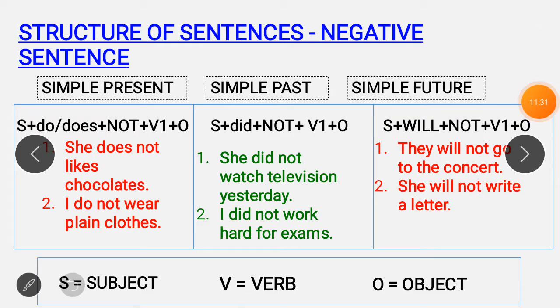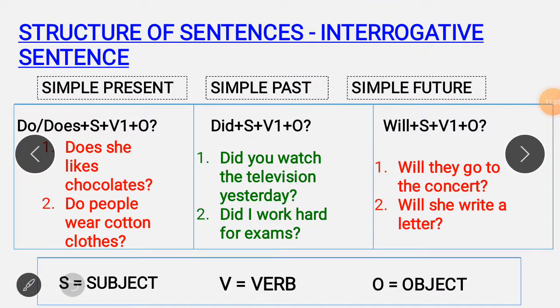Now let's move to the next one, that is interrogative sentences. We all know interrogative sentences are used to ask questions. In this you will find that the sentence starts with an auxiliary verb and ends with a question mark. Let's begin with the simple present.